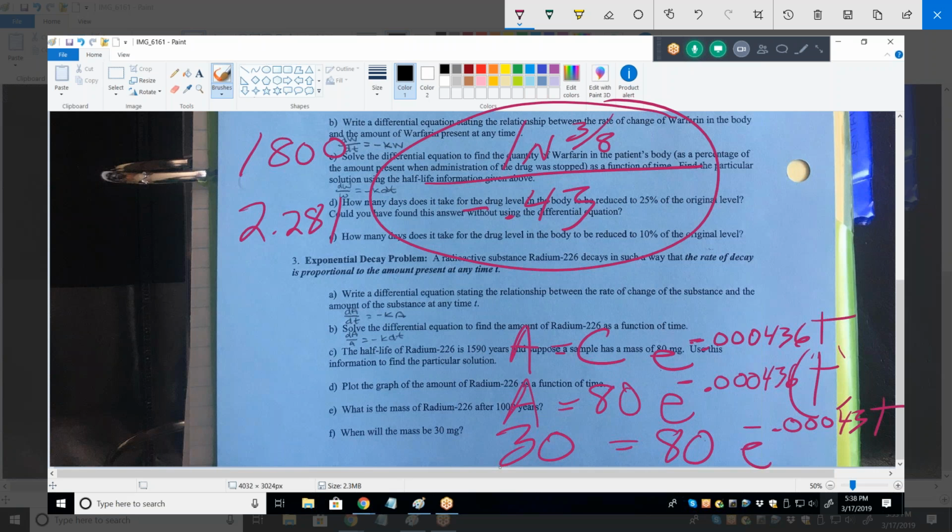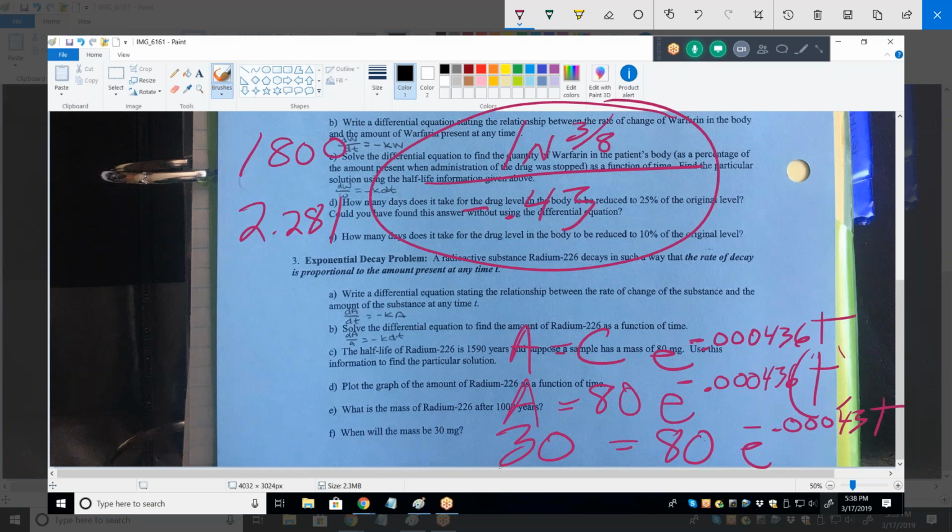$2.281 instead of 1,800. What did I do here? I substituted a. Oh, I didn't. I'm sorry, I didn't do this right.